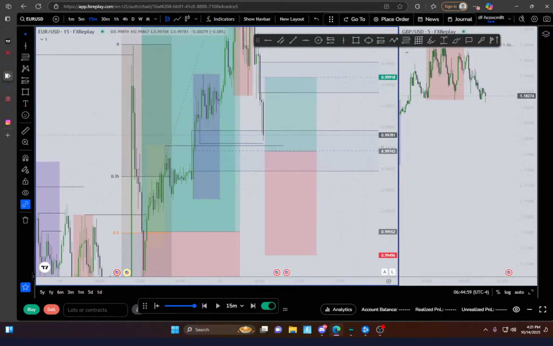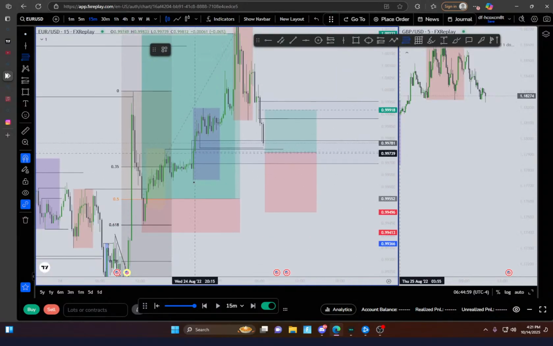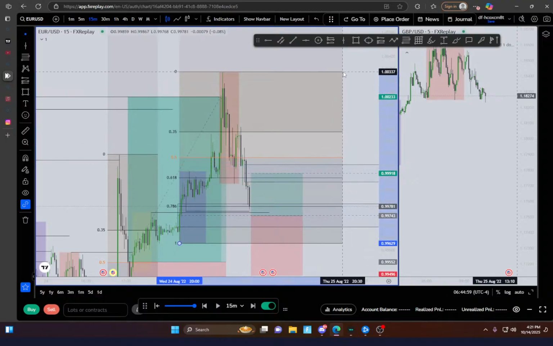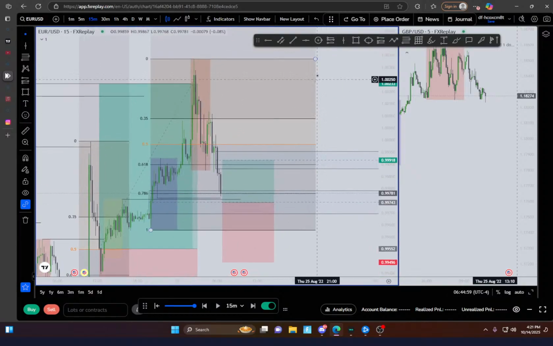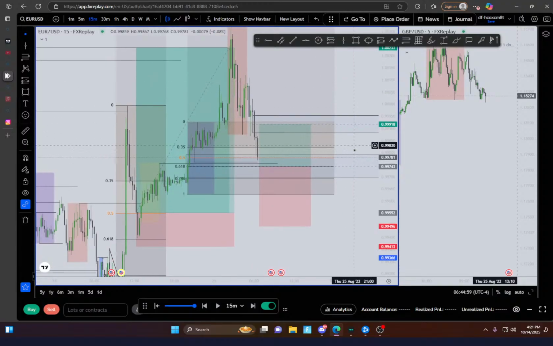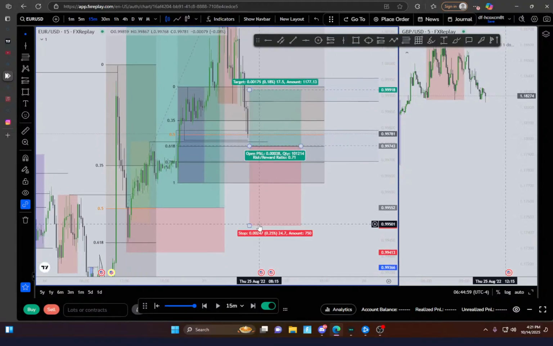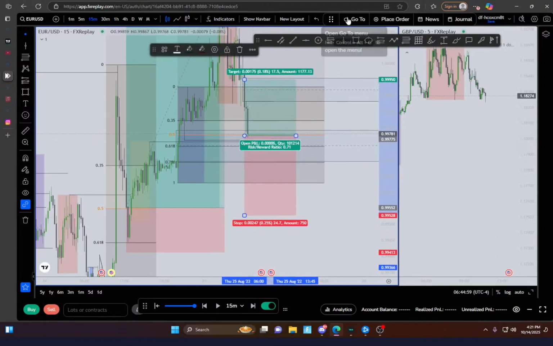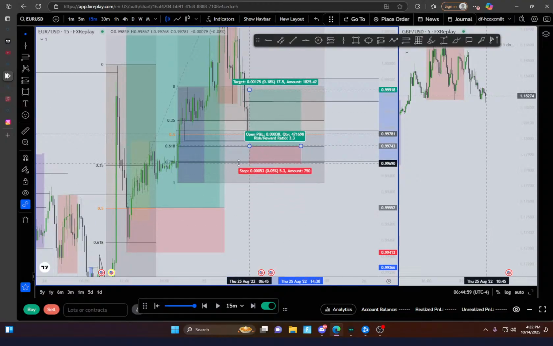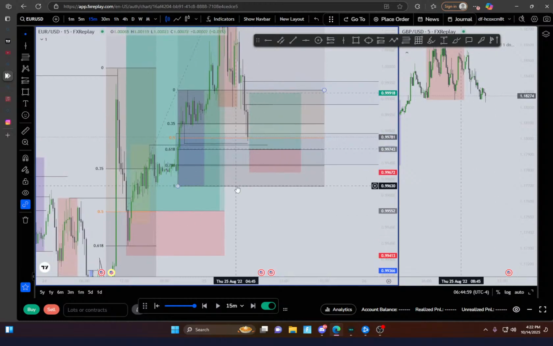Like I said, I'll have my stop loss below OTE. We're already hitting that. But from here to here, that's OTE, lining up perfectly. So stops.